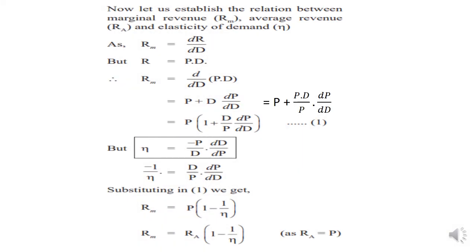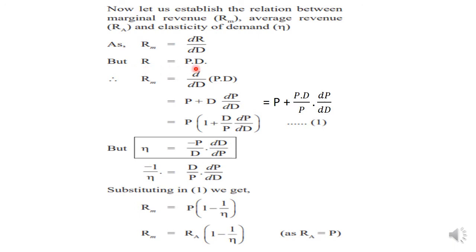Now we are going to establish a relation between marginal revenue, that is RM, average revenue, RA, and the elasticity of demand, that is eta. In the previous lecture we had seen that the marginal revenue is the derivative of revenue with respect to demand, that is RM is equal to dR by dD.